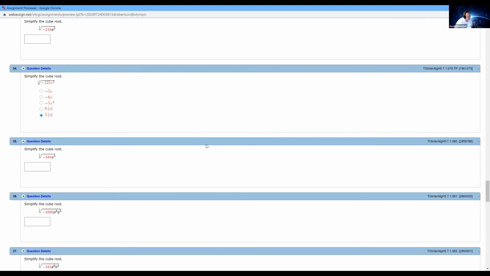The fourth roots need absolute values. Right? Does the fourth root of something need an absolute value at least some of the time? Yes, they do. Do fifth roots need absolute values? No. Right.